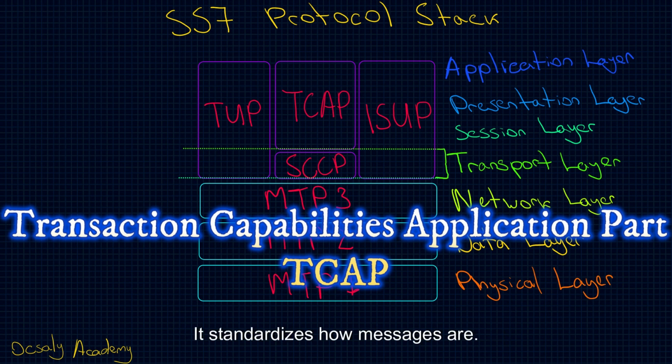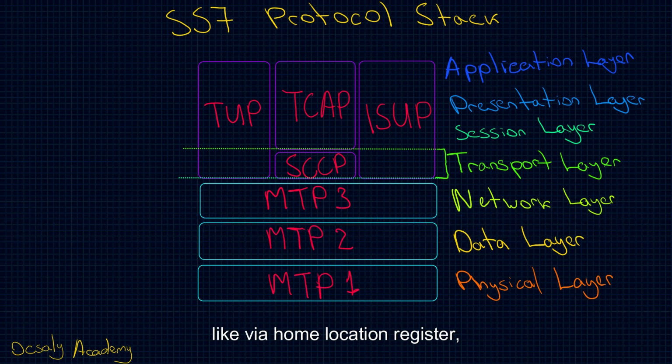It standardizes how messages are structured and exchanged to retrieve information such as subscriber location for call routing, like via the home location register, HLR, and service-specific data for applications like roaming or billing.